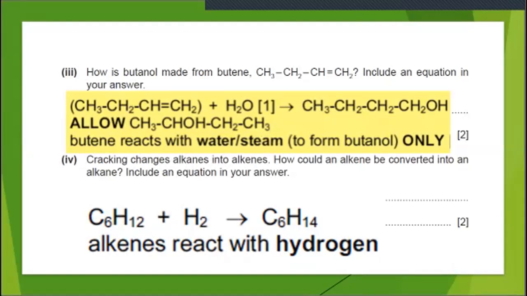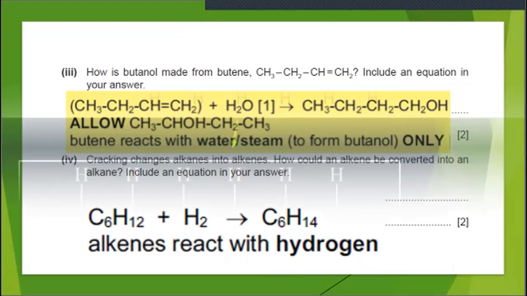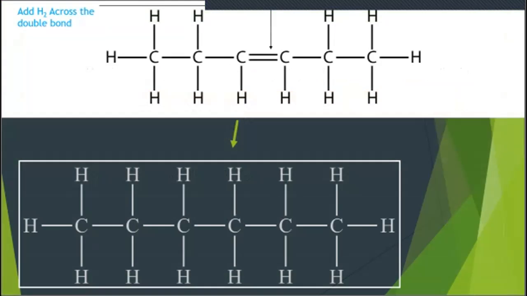Right? So take, for example, I have C6H12, which is my alkene, plus hydrogen to give me C6H14. How so? If I have C6H12, this double bond here is going to be broken, and I'll be left with just a single bond.